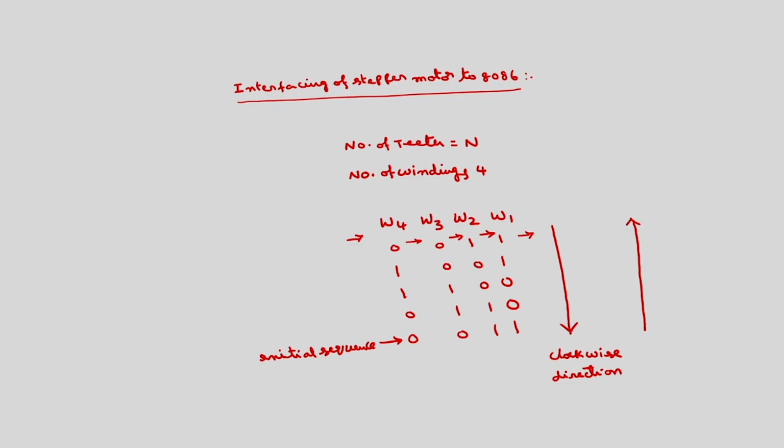So, I will now draw the interfacing circuitry between the microprocessor and the stepper motor. Corresponding to each winding, I will connect to one of the ports of the 8255 through the control circuitry. So, the interfacing diagram of the stepper motor to the 8086 is as follows. This is the 8255, and we have 4 windings as I have told.